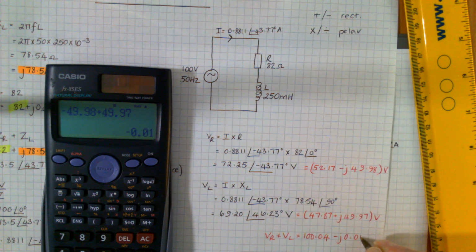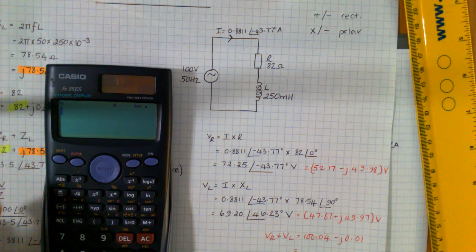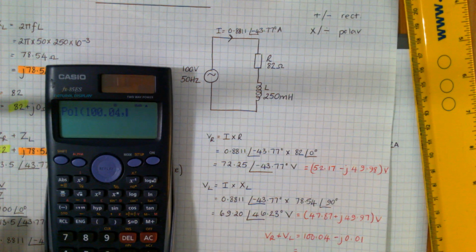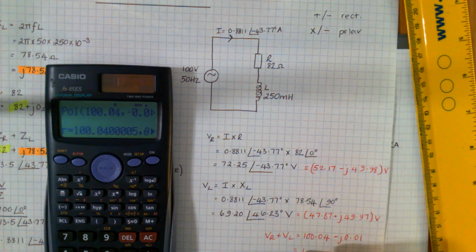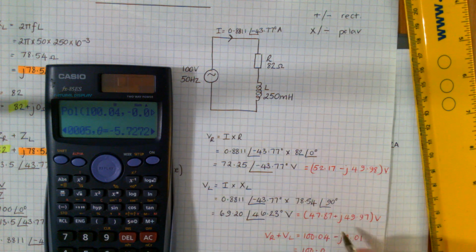And then you can see that pretty much, when you convert that into polar form, 100.0 if you're going to 4 significant figures and sticking to that, angle minus 5.7272.